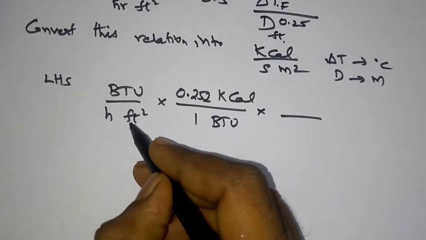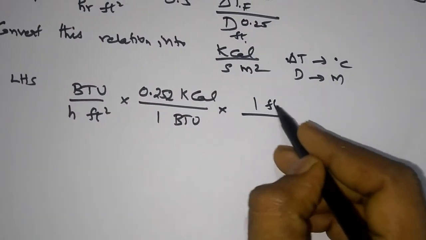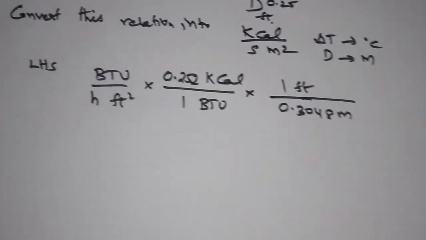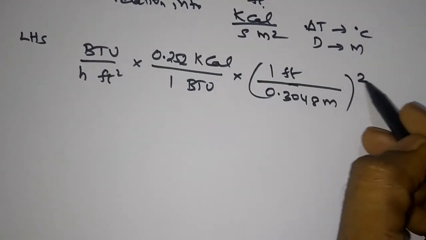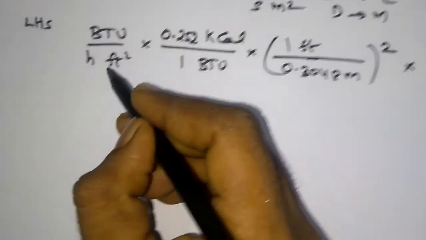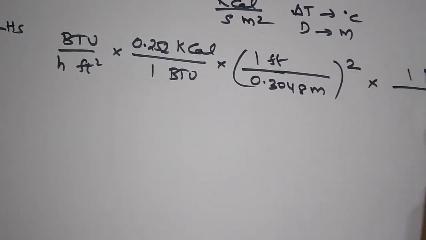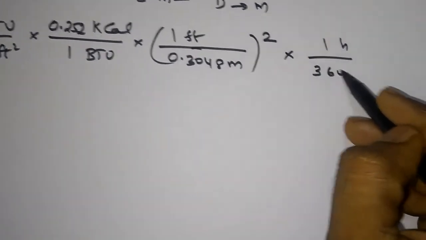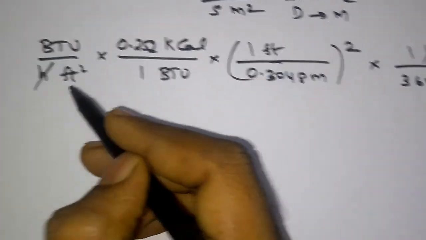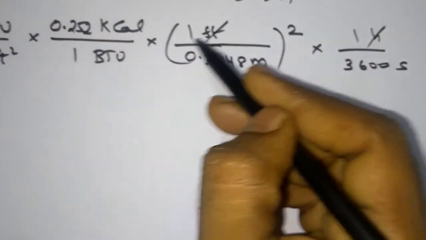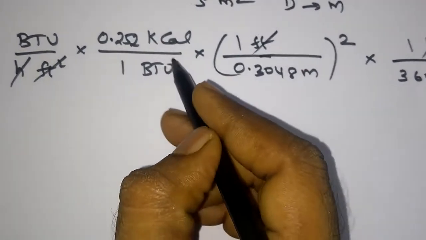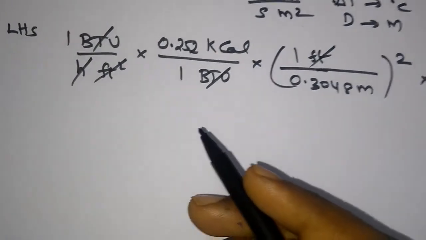Into, what is the conversion factor for feet? You know that 1 feet is equal to 0.3048 meters. So this needs to be squared, multiplied by, this hour needs to be converted to seconds. 1 hour is equal to 3600 seconds. So this hour gets cancelled, feet square gets cancelled, and this BTU gets cancelled.